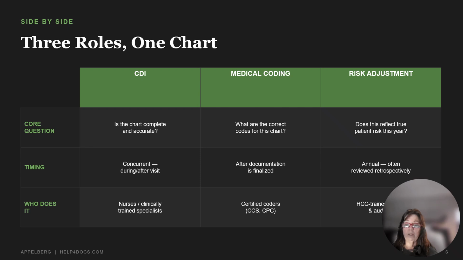So since it happens on an annual cycle, and we're often reviewing charts retrospectively across the entire patient population, it needs to be done by coders with specialized HCC and risk adjustment training. Sometimes the same people doing the regular coding, but usually it's a completely separate team.